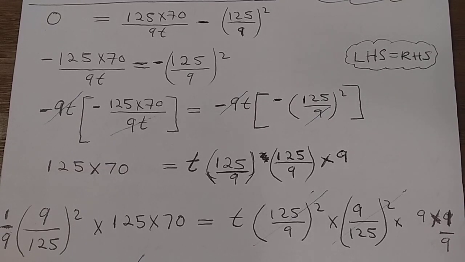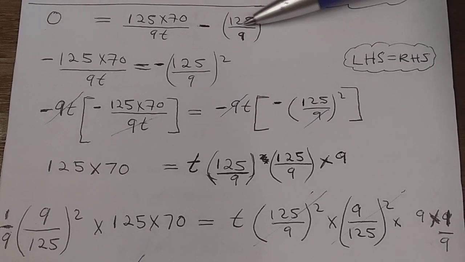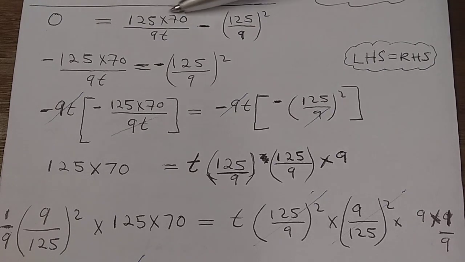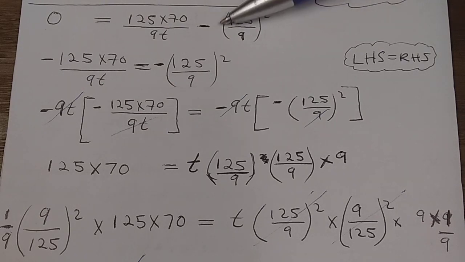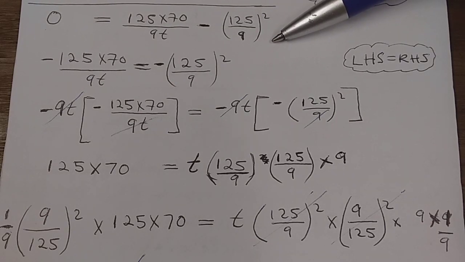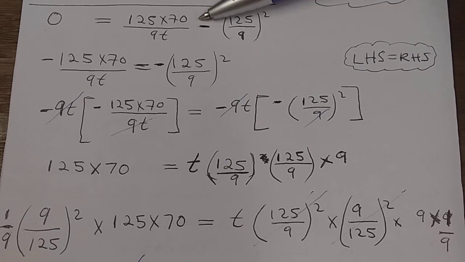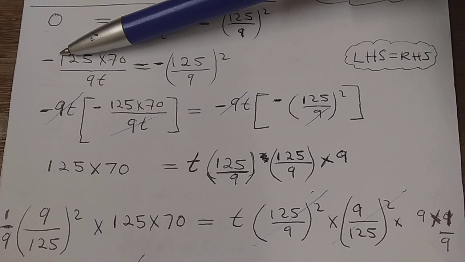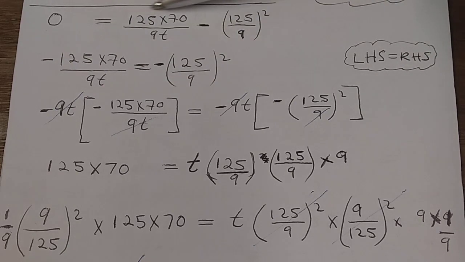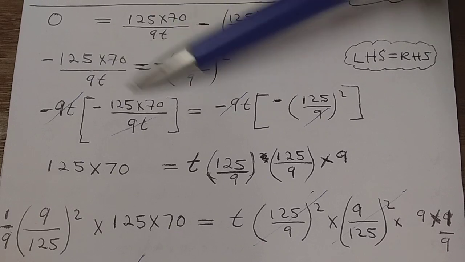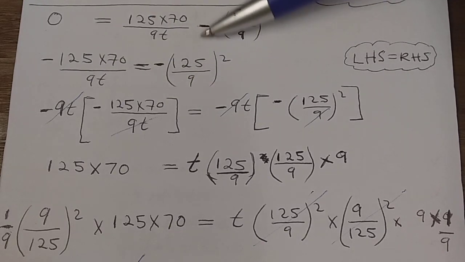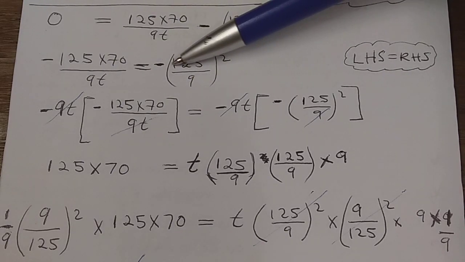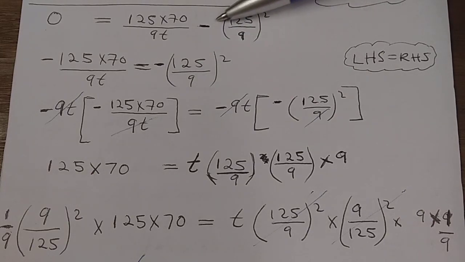So now we are just playing with the algebra only. So we have 0 is equal to 125 times 70 over 9t minus 125 squared over 9 squared. So once we move this to the left hand side, it becomes negative. Okay, so the whole part, we push it to the left; negative is equal to negative, and the negative is still there, it did not move.